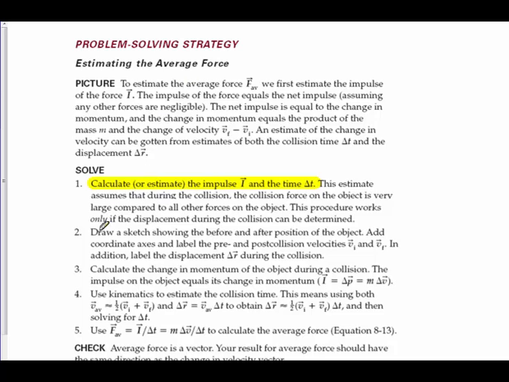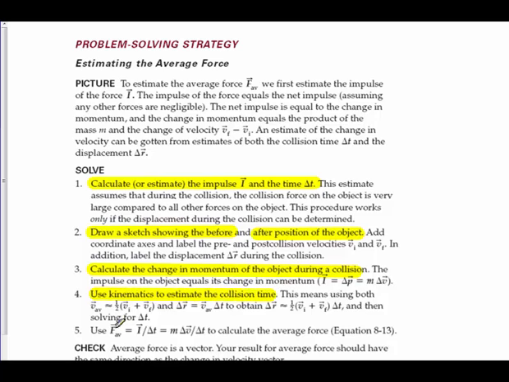Second, and I did this earlier in this presentation, always draw a sketch of what's taking place before and after the position of the object. This will help you visualize what's happening, and then calculate the change of momentum. What was the initial momentum of the system and what was the final momentum? And then you can use your kinematic equations, if necessary, to estimate the collision time.